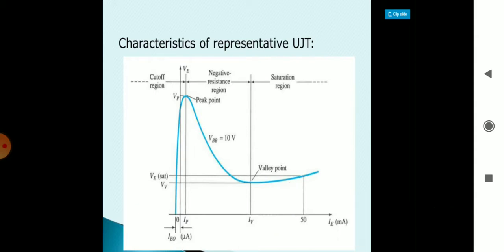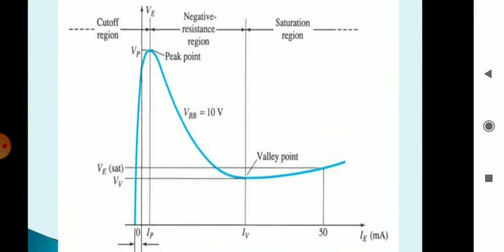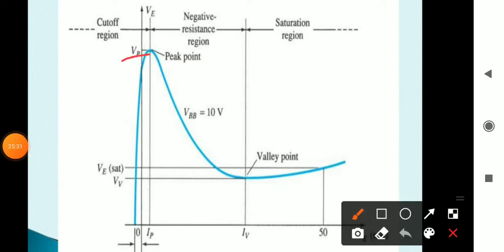So, three regions of operation, starting from emitter zero voltage. If I keep on increasing the emitter voltage until I reach the value of the peak point, the device is not at all turned on. That is the cutoff region. At this point, the device turns on. When the device turns on, the resistance decreases.